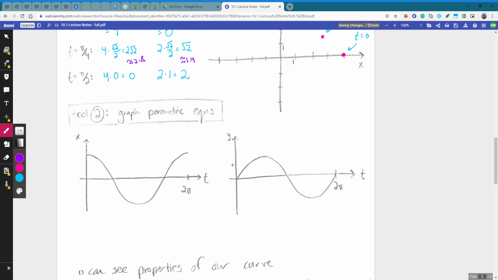Okay, and so for x, all right, so we're trying to get a graph of x equals 4 cosine t.